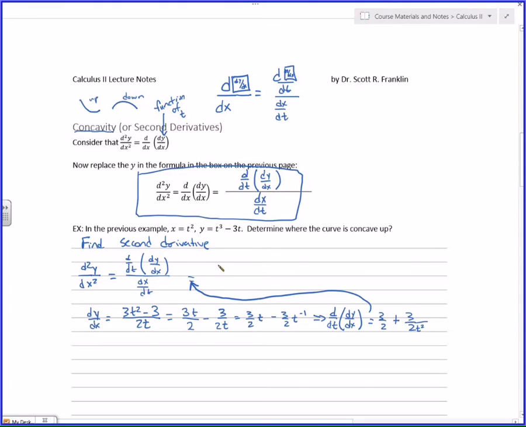We've got 3 halves plus 3 over 2t squared on top, and on bottom is still dx/dt, so just 2t. Notice, I don't have to take the derivative of the derivative on bottom. I just have to take dx/dt on the bottom. 2t.